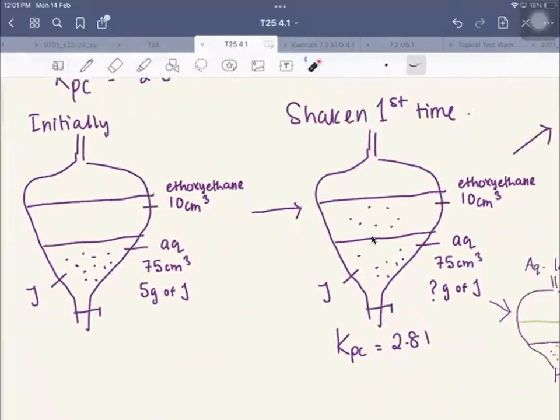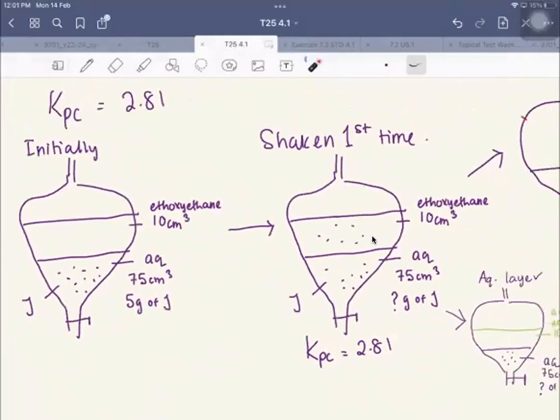Right, and then we do the calculation. So you see here, initially 75 centimeter cube and 5 grams of J. If you notice the first part of the question, it is the same value. 75 centimeter cube, you start with 5 grams and you use 10 centimeter cube of ethoxyethane.